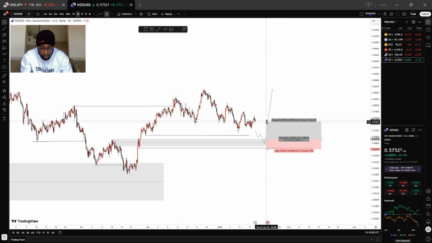Okay, 5 risk to reward makes sense. The risk to reward is 5 and it makes sense, so I'll be taking this trade next week.